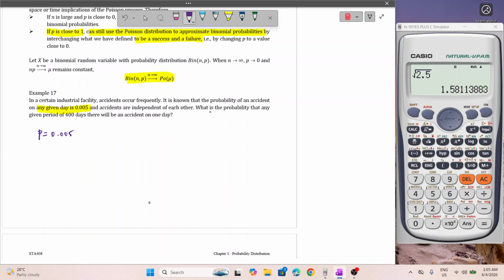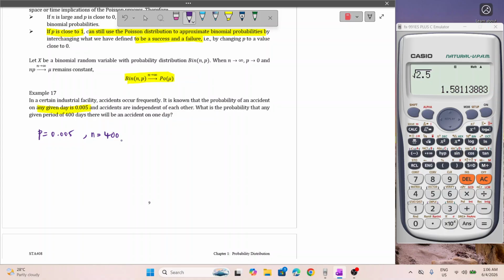What is the probability that in any given period of 400 days there will be an accident on one day? So we want to find, in 400 days, how many accidents will occur on one day. Here n is the number of days.